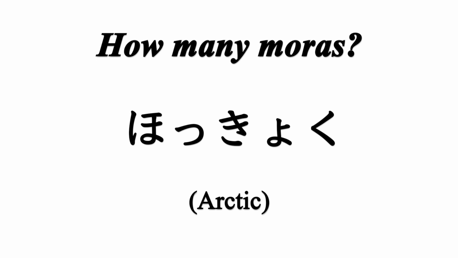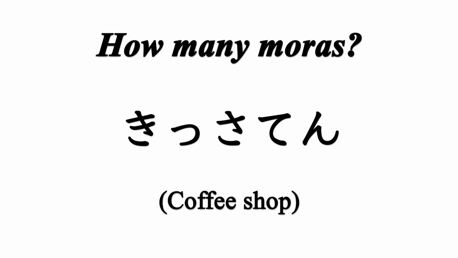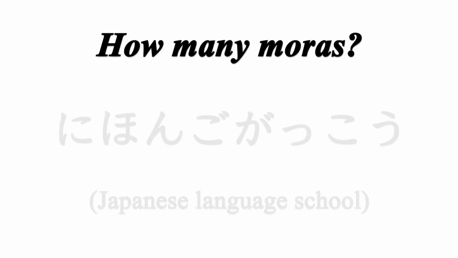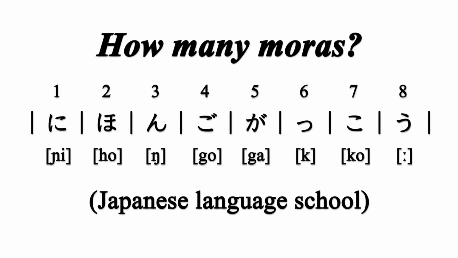What about this? The answer is also 4. 北極. What about this? The answer is 5. 喫茶店. And finally, this. The answer is 8. 日本語学校.